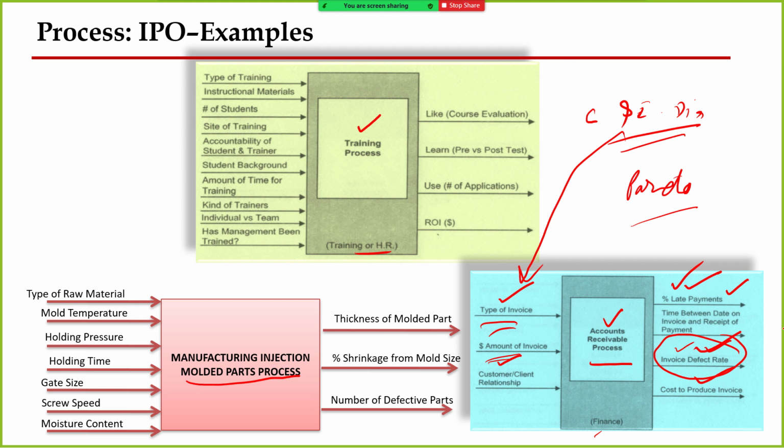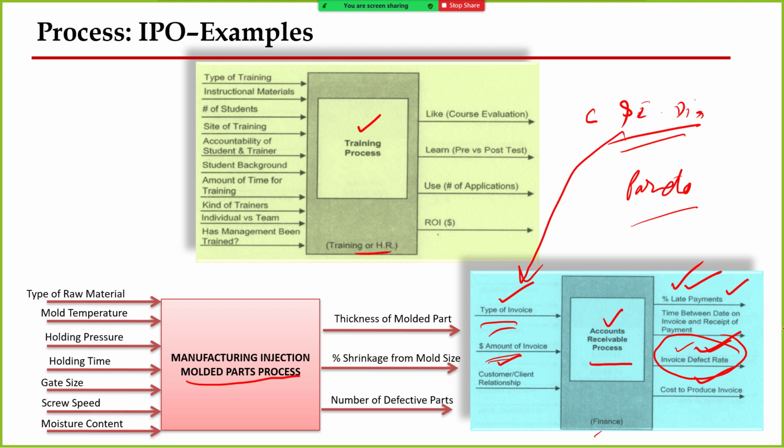We can prioritize the critical to quality with respect to frequency, or even with respect to cost, and then we can identify the possible causes. But at the initial stage we can develop the IPO diagram in order to know the possible causes.